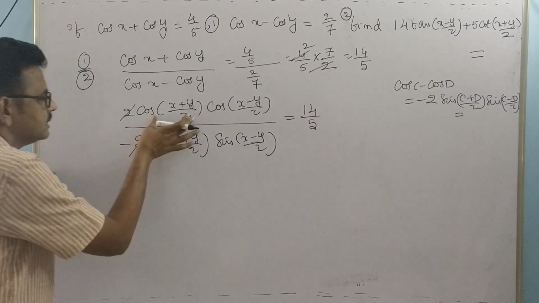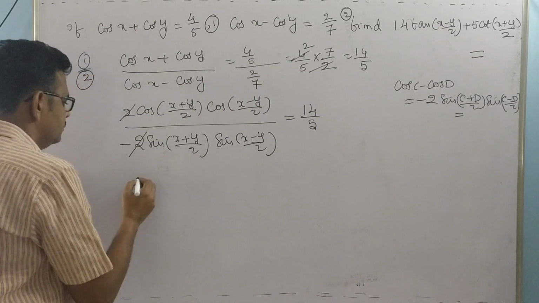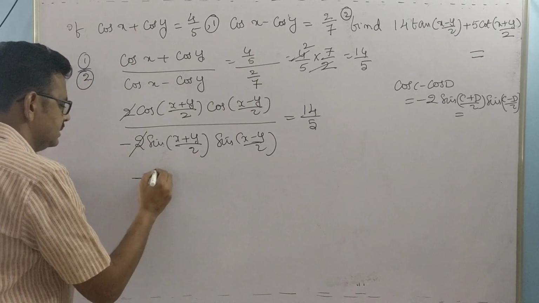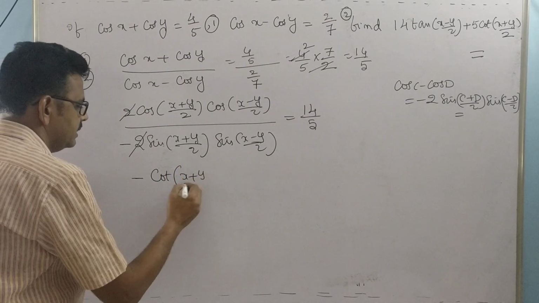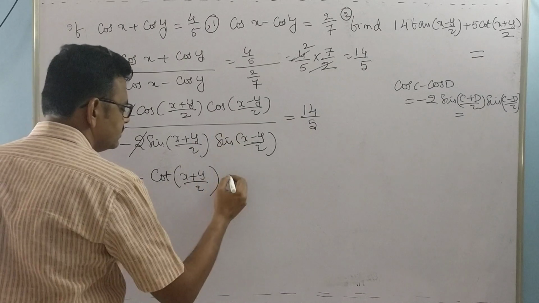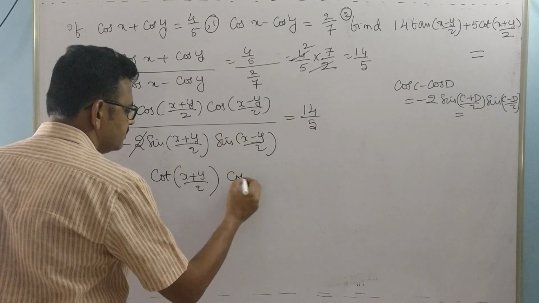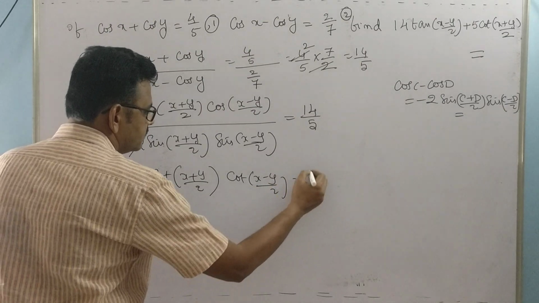Now this is cos (x plus y) by 2 by sin (x plus y) by 2, with the minus already there, so this is minus cot of (x plus y) by 2, and this is also cos by sin, so this is cot of (x minus y) by 2, equal to 14 by 5.